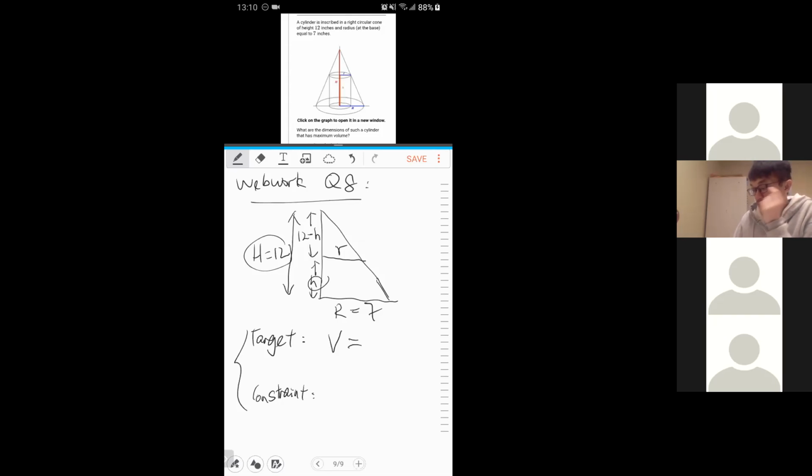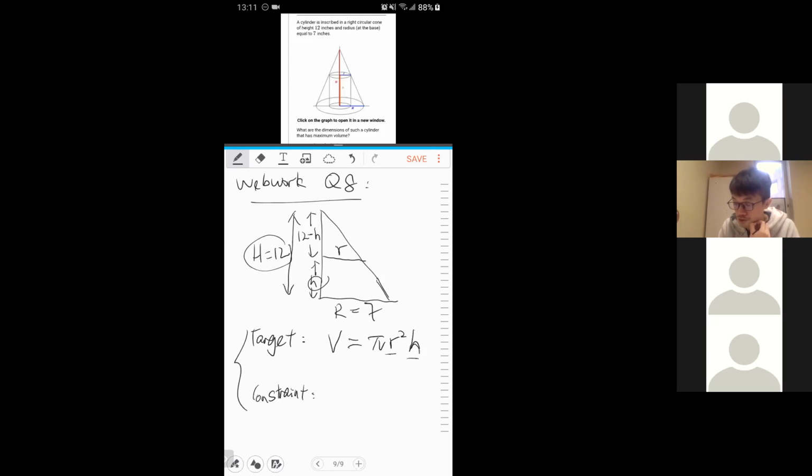And what is the volume formula for the cylinder? It's pi times r squared times h. So r is the radius of the base circle, and h is the height, and that's the volume formula for a cylinder. Make sense?